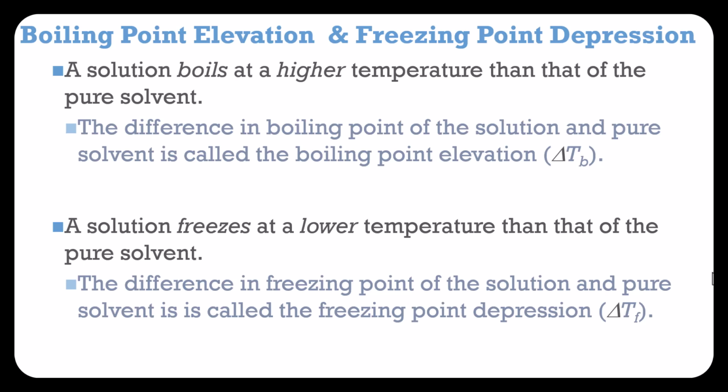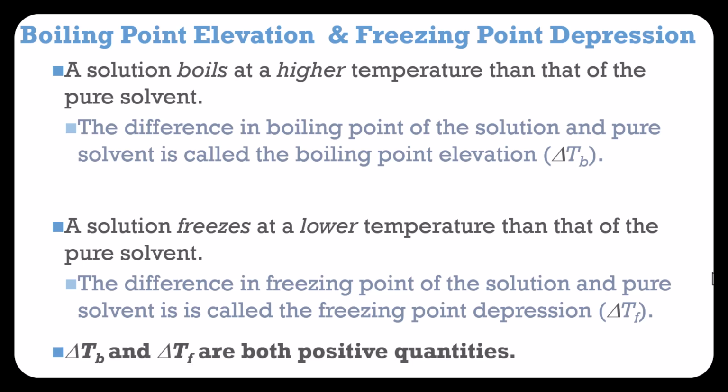One other thing to note here is that when we calculate, and we'll do this in just a moment, the change in temperature for boiling or the change in temperature for freezing, both of those will be calculated as positive quantities. It is up to us then to decide, are we adding that change to the boiling point?